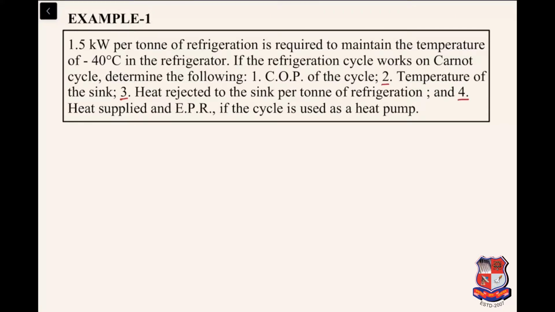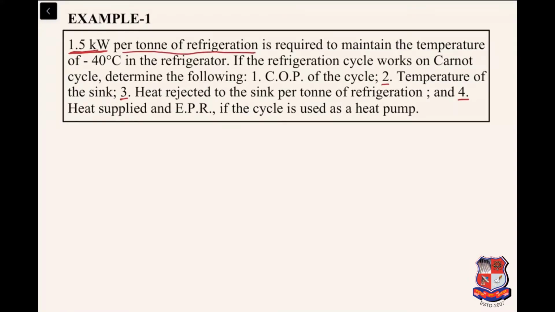Now first we need to derive the data which is given in the example. If we read sentence by sentence, then we can find out first, that is 1.5 kilowatt per ton of refrigeration.